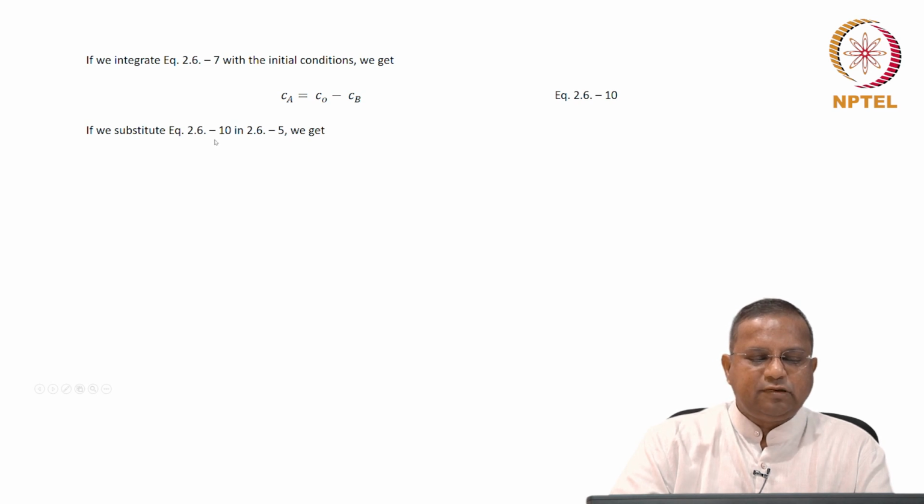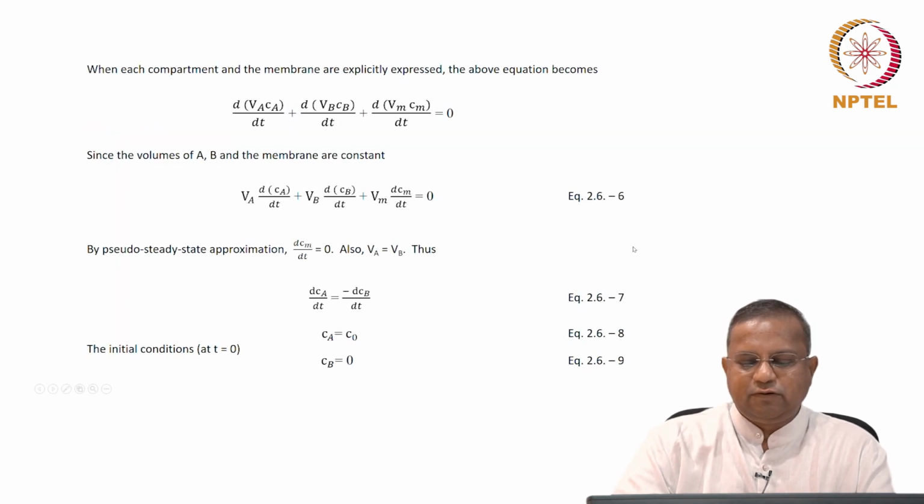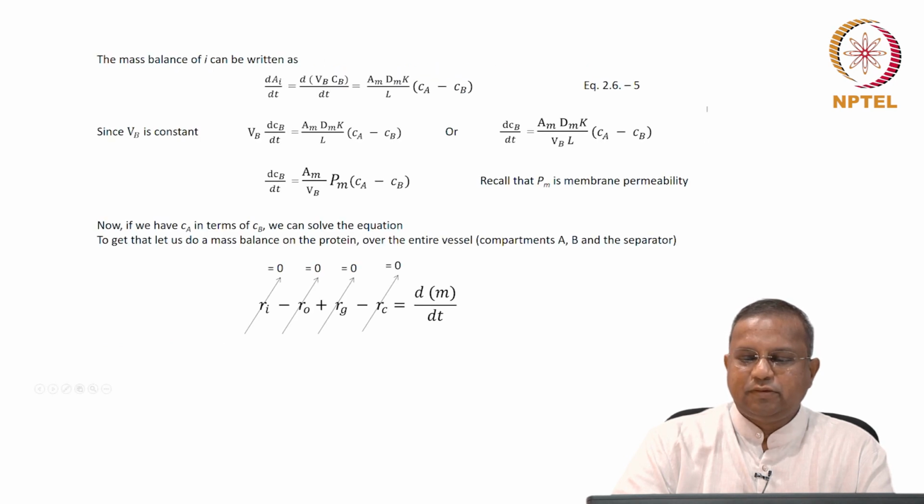If we substitute this equation in 2.6-5, what is 2.6-5? It is this, written in terms of permeability and so on and so forth.